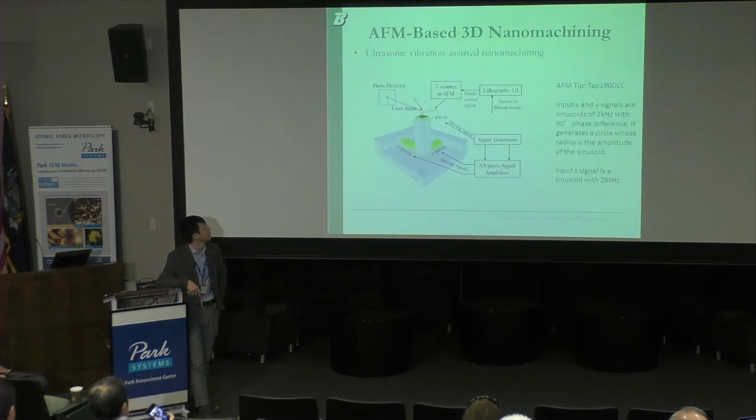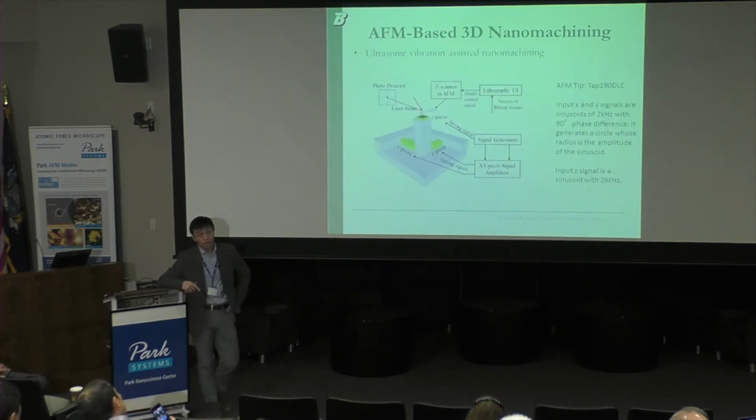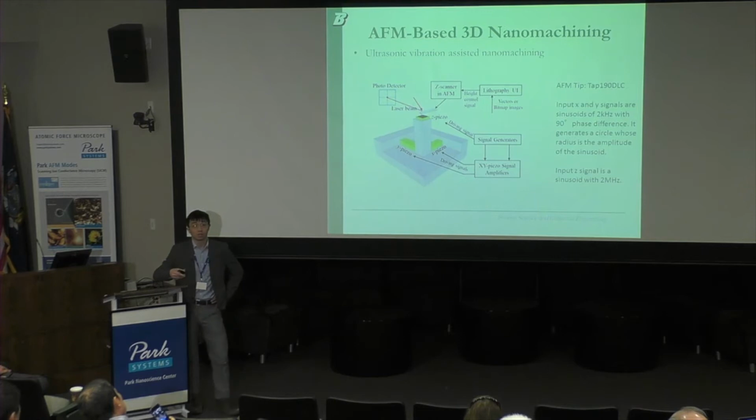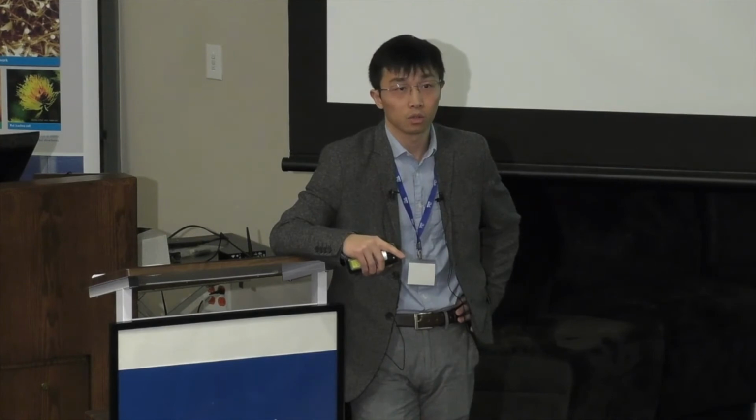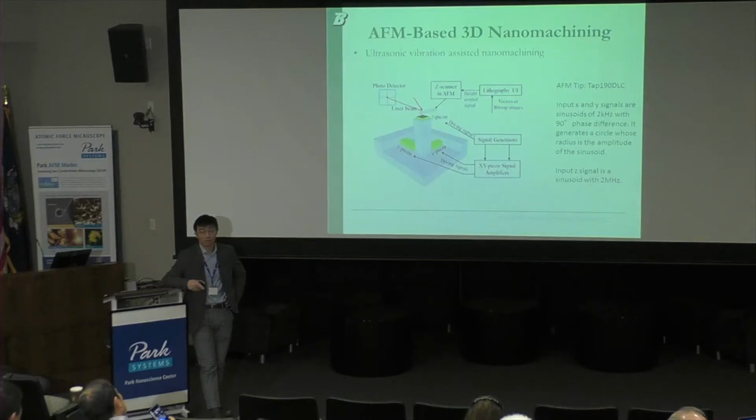In traditional AFM-based nanomachining, some researchers directly use the tip, apply force, and get trenches. However, the trench is not tunable, and we need really large force to apply the tip on the surface and penetrate into it. So that is a limitation in terms of force and trace marks.